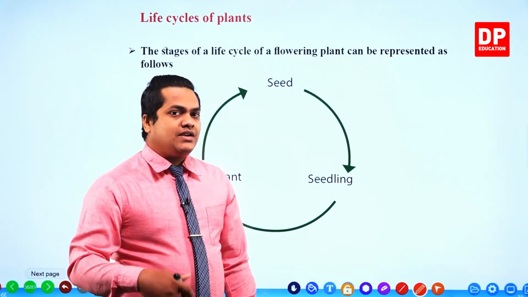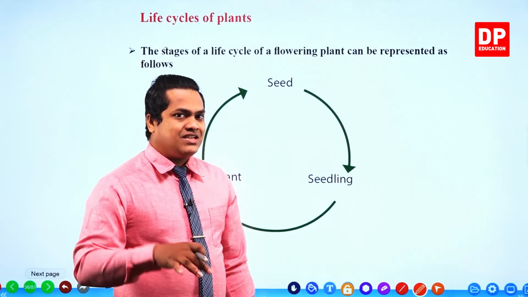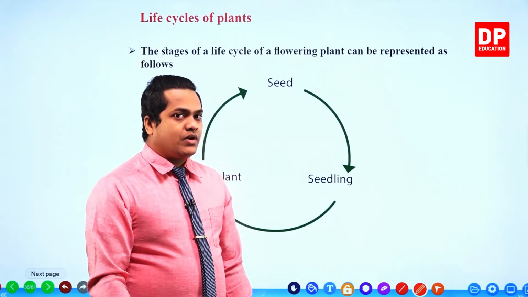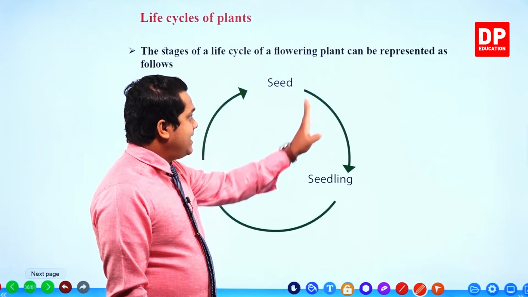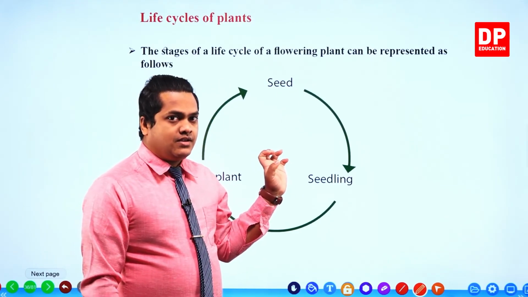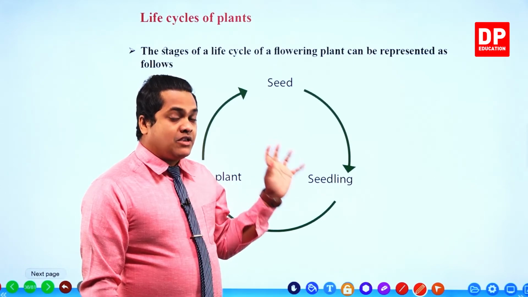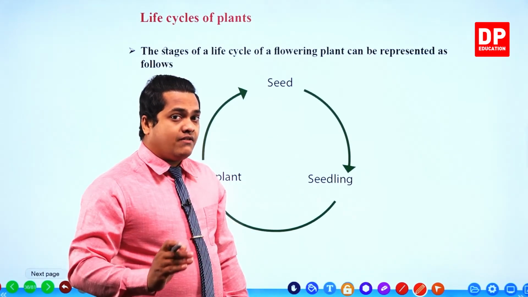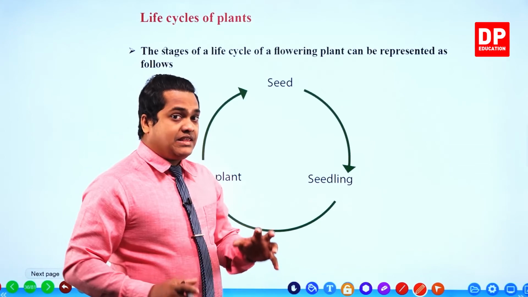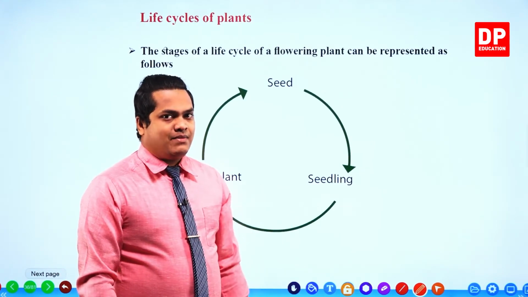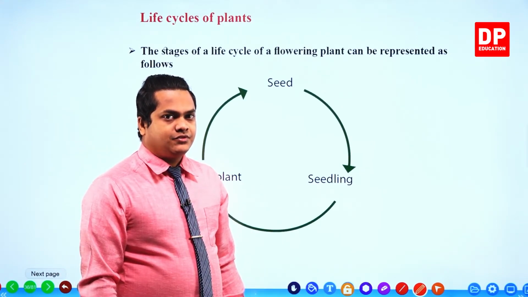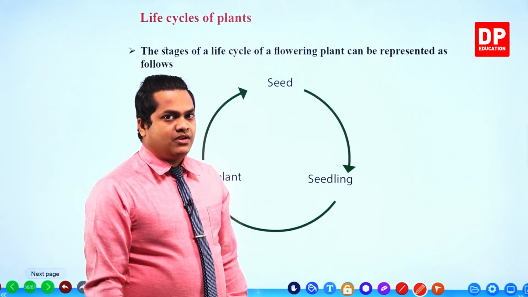Then the mature plant is once again producing flowers and seeds in order to produce a good and healthy seed. Actually, not the seeds which are getting produced directly. The mature plant is going to produce flowers and fruits. Within the fruits, seed can be observed. Okay, within the fruit, seed can be observed.